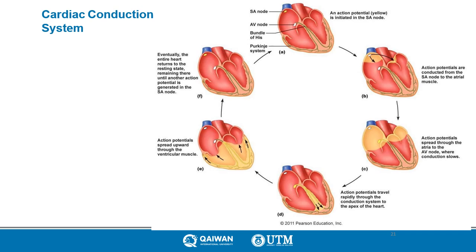This is cardiac conduction: the activity of the SA node and the AV node and the movement of the blood by the contraction and relaxation of the atria and ventricles.